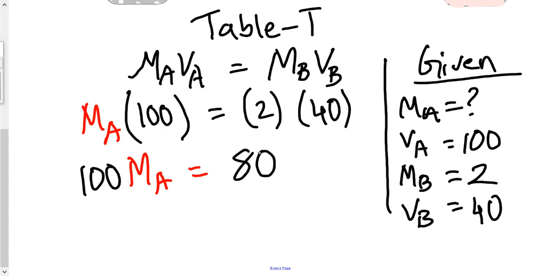So what would be the value of Ma? We have to calculate Ma, so we have to divide both sides by 100 to isolate Ma.